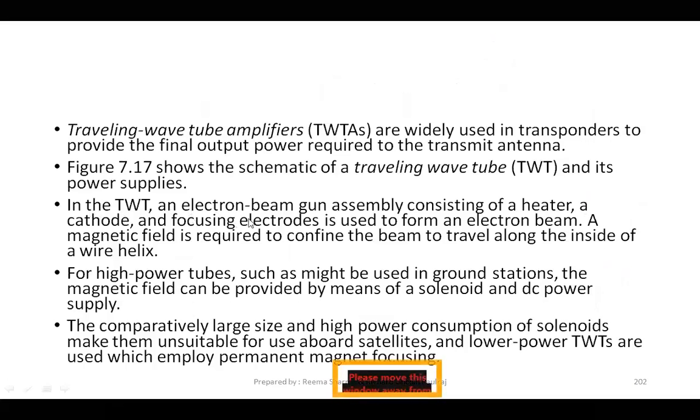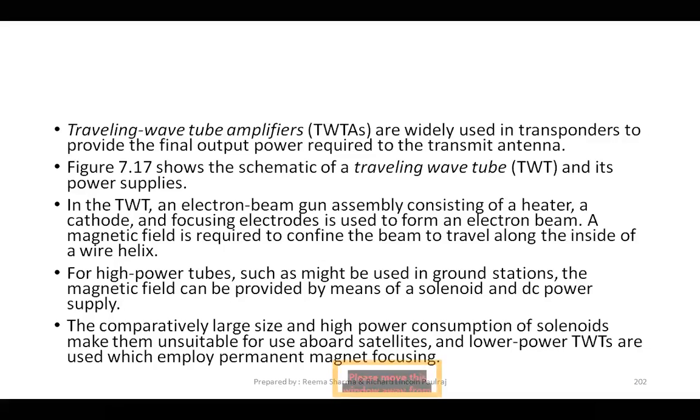In a TWT, the electron beam gun, also called the E-gun or electron gun, is an assembly consisting of a heater, cathode, and focusing electrodes. It's used to form an electron beam, a fine beam just like a laser beam. It can activate these electrons, and they pass from one end to the other.